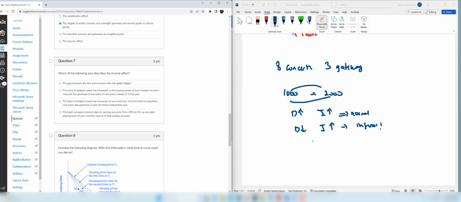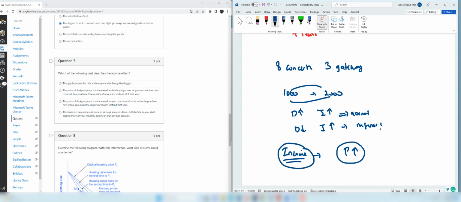Question 7. Which of the following best describes the income effect? The income effect refers to how consumers behave when the price of one good increases or decreases. For instance, if the price of one of the goods in the bundle increases, the income of the consumer now has less purchasing power.